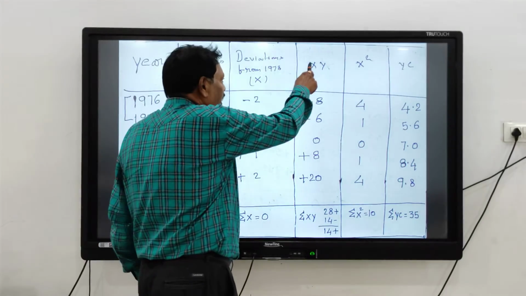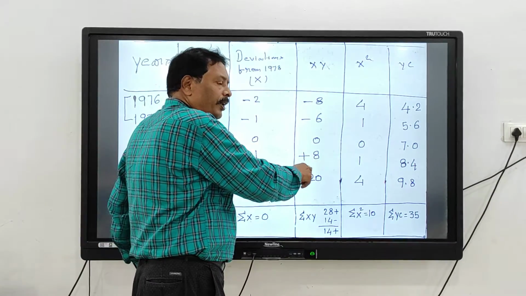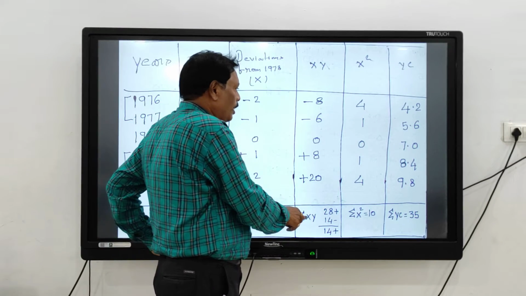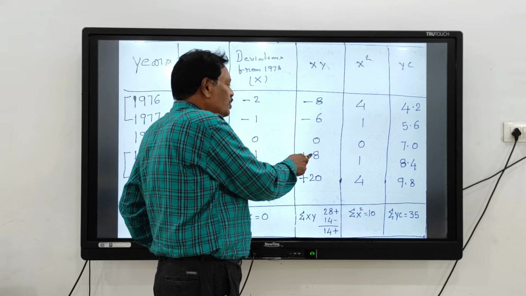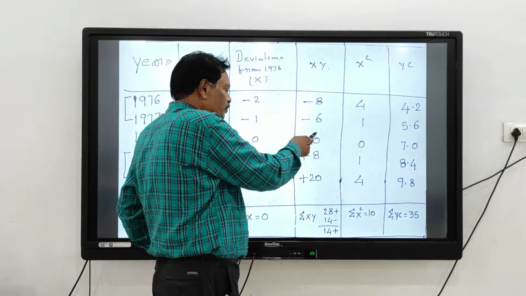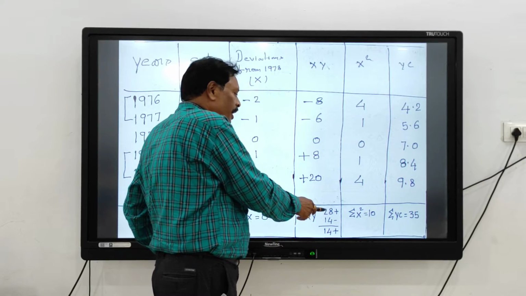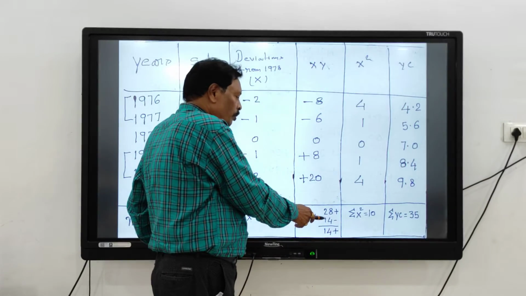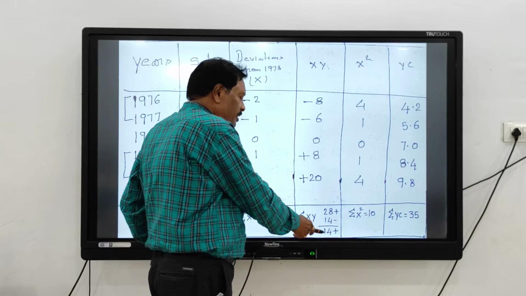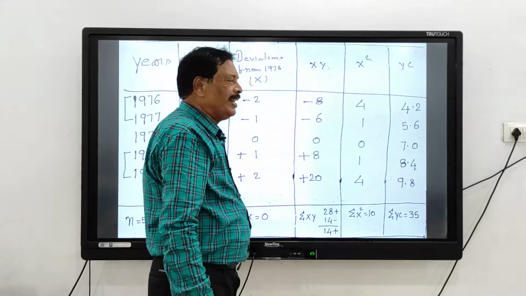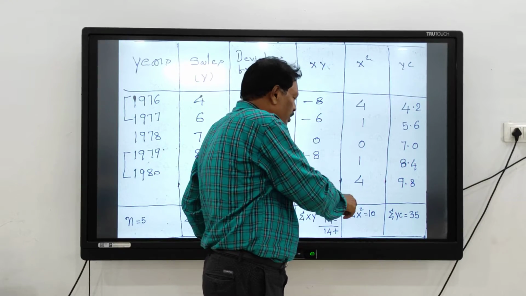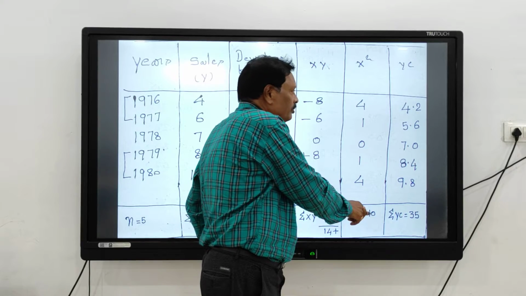And then when you total the xy values, you will get sigma xy. Here the plus values are 8 plus 20, 28. The minus values are 8 plus 6, 14. When you deduct the 14 minus values from the 28 plus values, the ultimate result is sigma xy 14 plus. Like this, when you total the x square, you will get sigma x square 10.